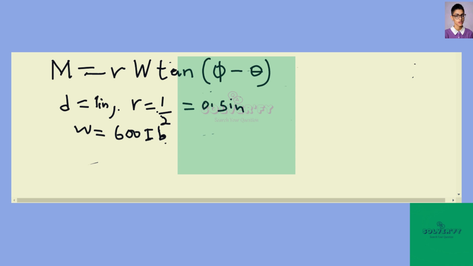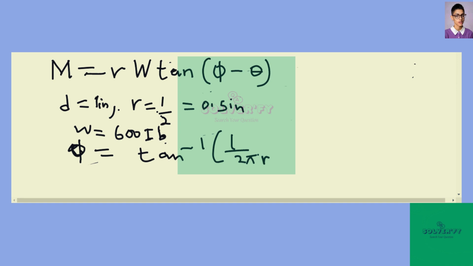And we can get theta, the lead angle, as equal to arctan of the lead over 2 pi r.